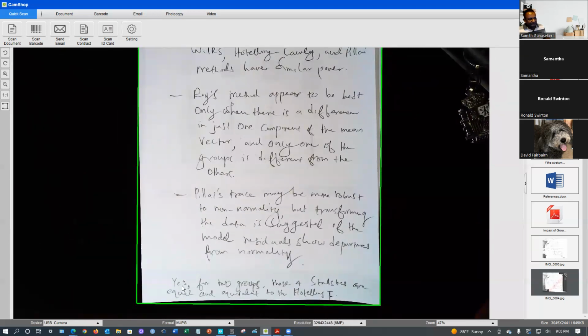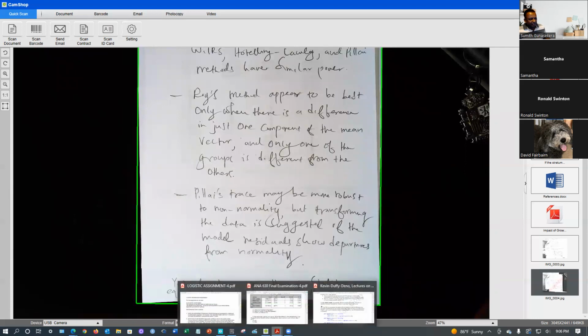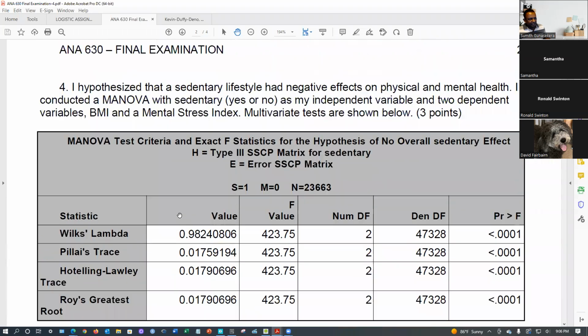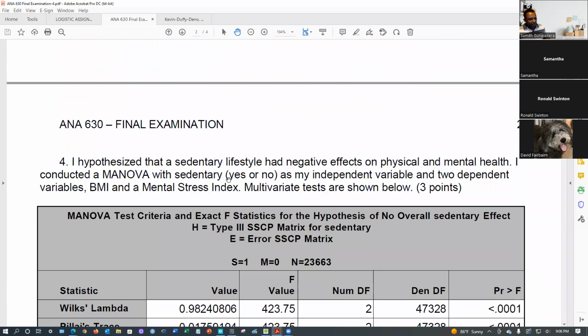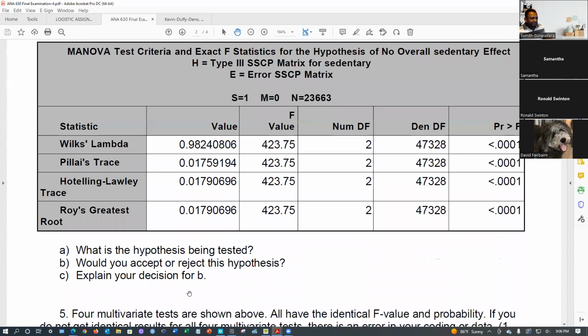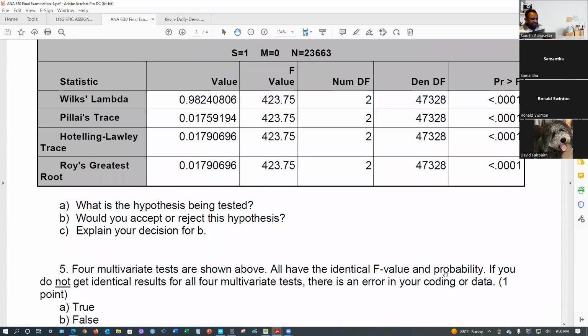For two groups, these four statistics are equivalent to Hotelling's T-squared. Since we are using two groups, the comparison is done between two groups for these two variables, so we can make a conclusion based on all the statistics.